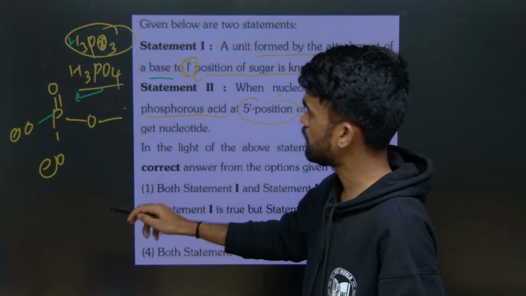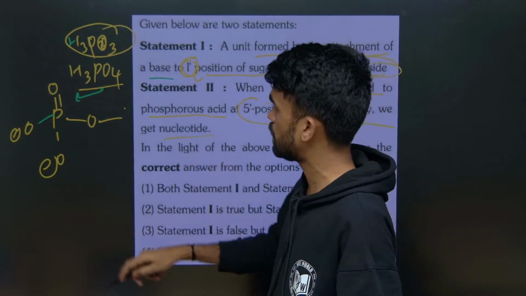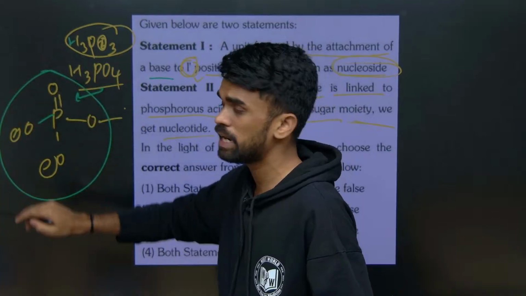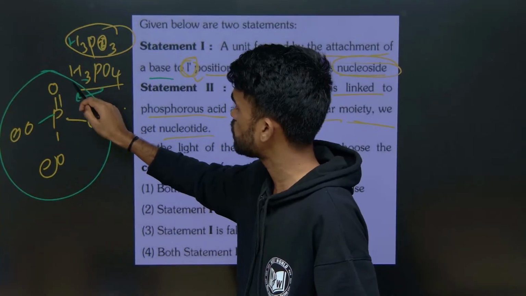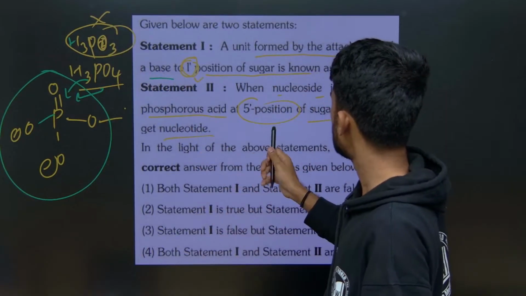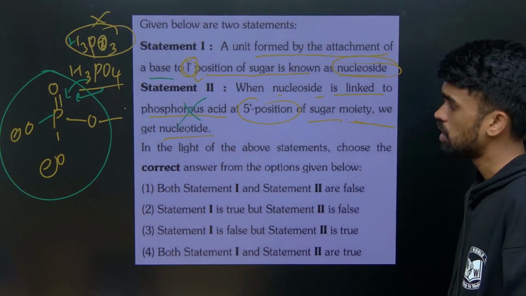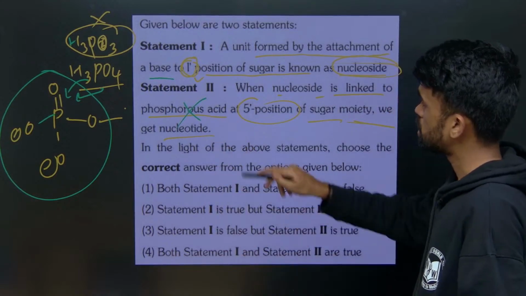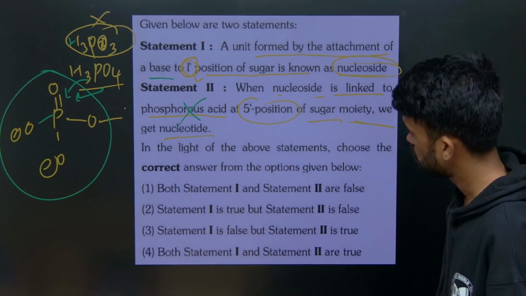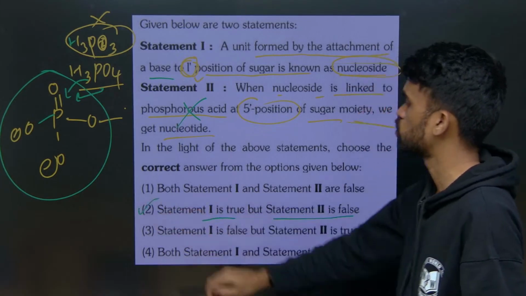That phosphate group having thing is called a nucleotide. From where does this phosphate come from? Phosphoric acid, not from phosphorus. So statement 2 is incorrect because of this phosphorus. It should be phosphoric. So statement 1 is correct, statement 2 is false. So option number 2.